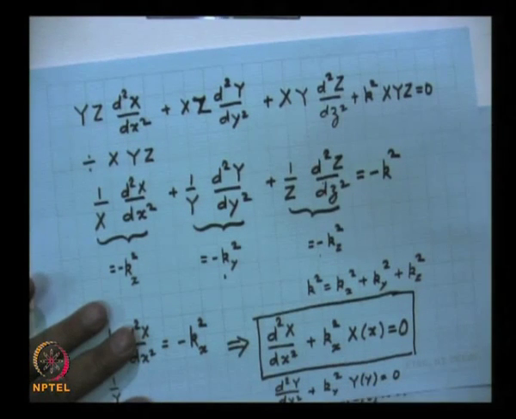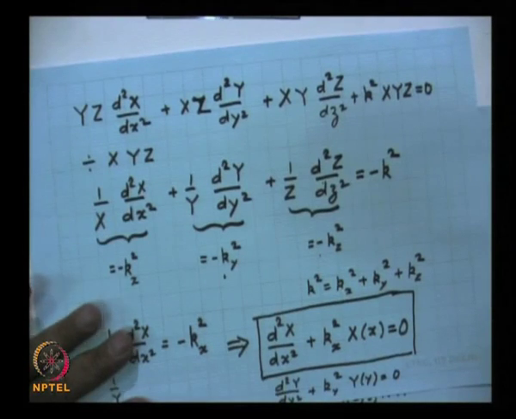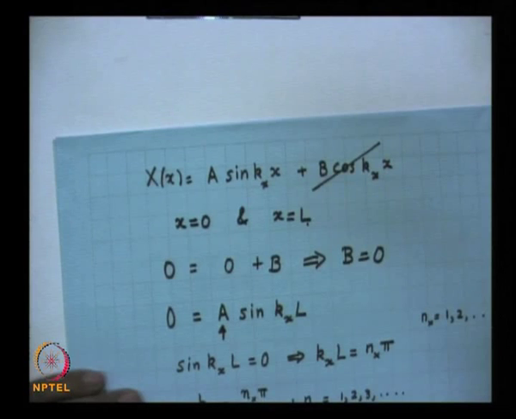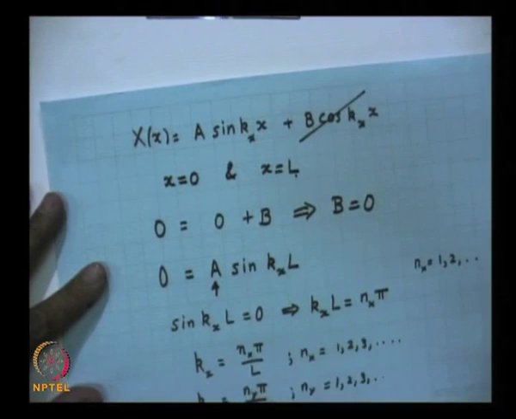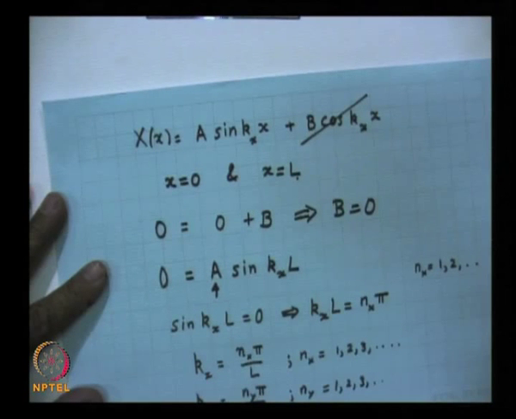Once again we will have sine and cosine in exactly the same way. So, we will find that the allowed values of k y will be n y pi by L, where n y also takes the same set of values 1, 2, 3 etc. And finally, k z will be n z pi by L, and n z also takes the same values.